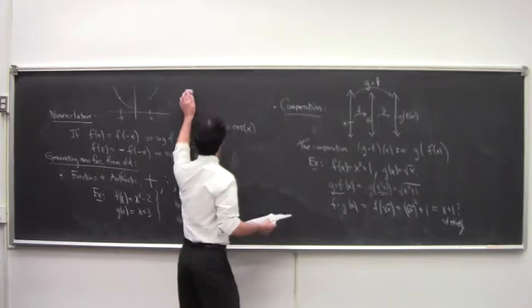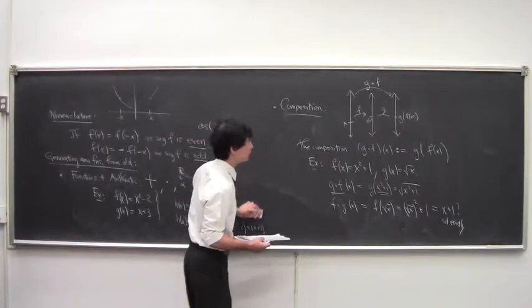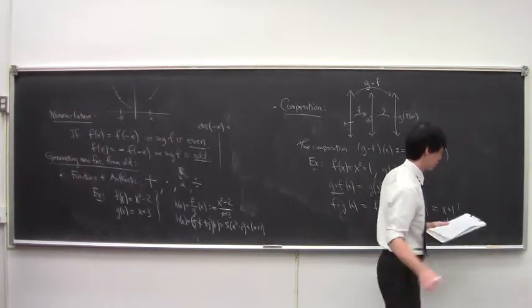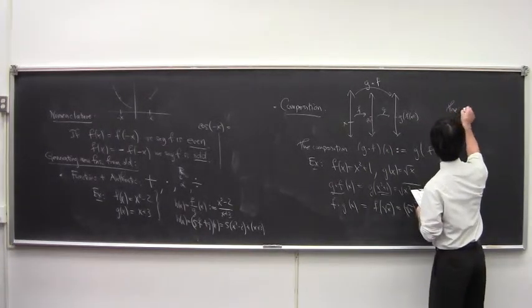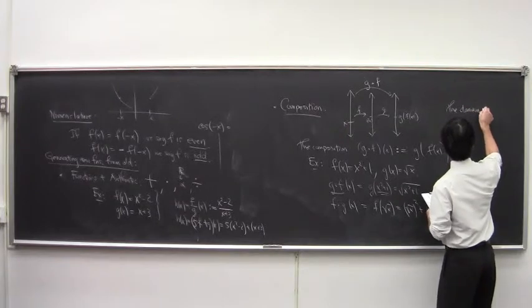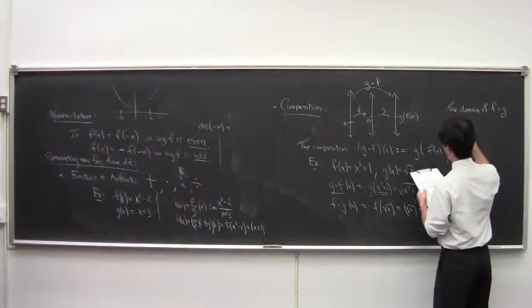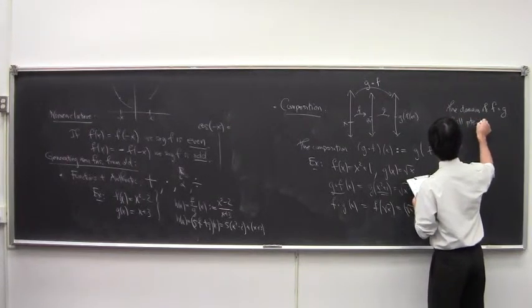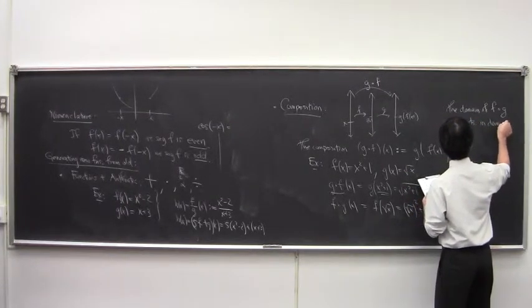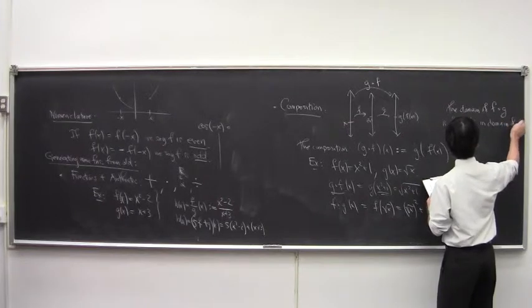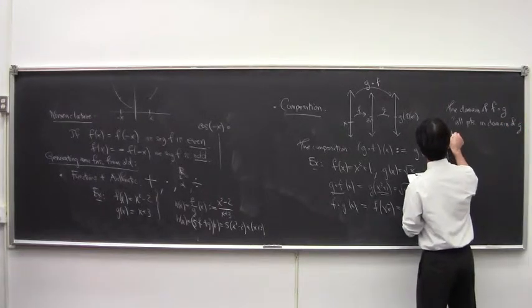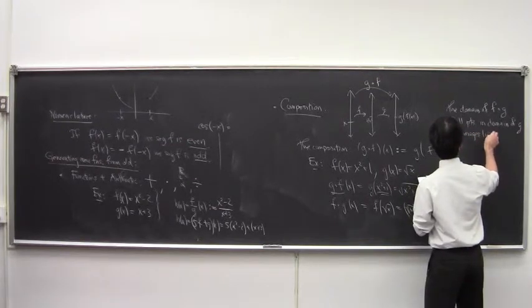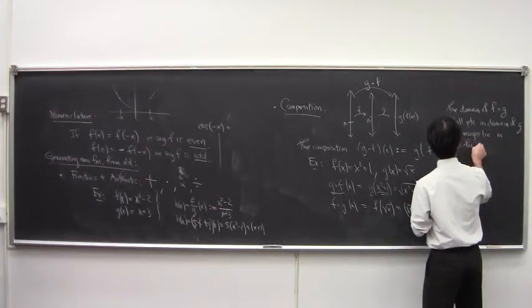The domain of f composed with g is all points in the domain of g whose images lie in the domain of f.